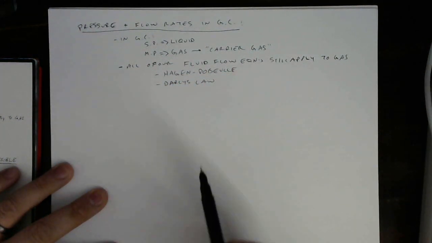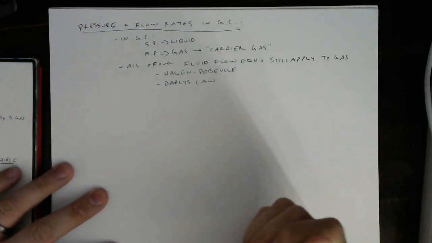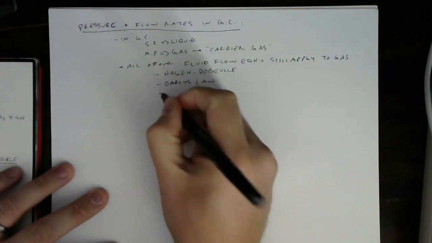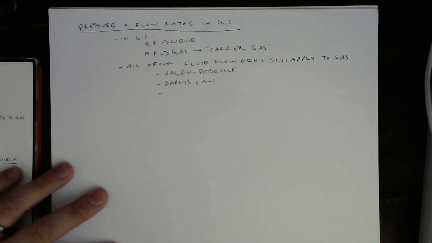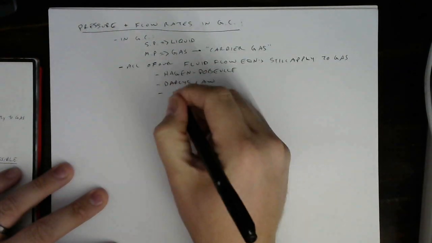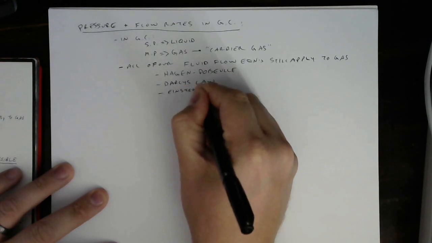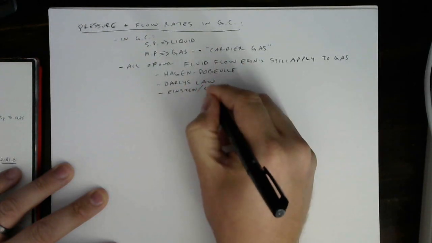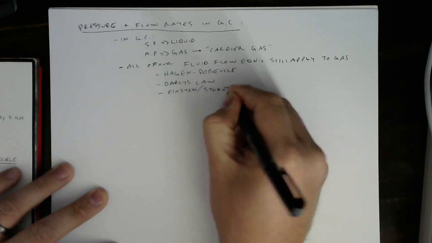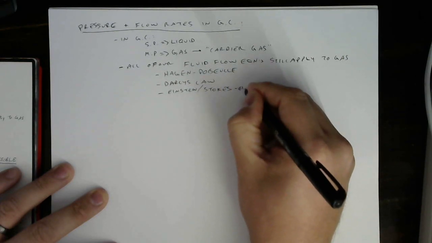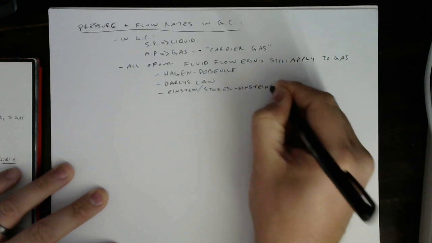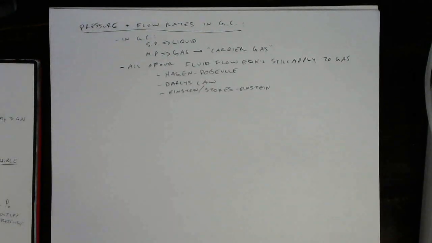If you know the properties of the material, you know the viscosity or the density, you're good here. The equations that describe diffusion in a fluid, which is like Einstein's equation, or there's the Stokes-Einstein relation. We talked about both of these, I think, this semester.